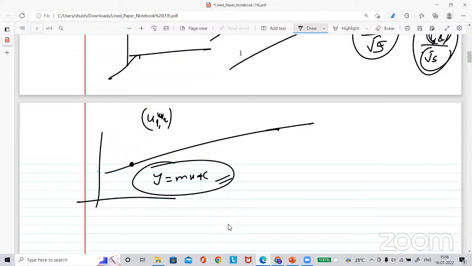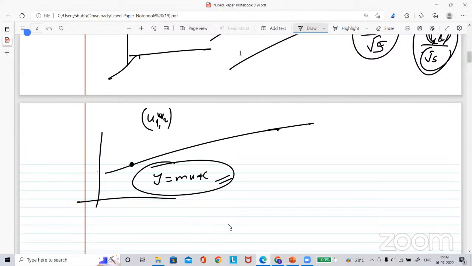Angle of the axis with slope and axis. Okay, I know in the lecture they mentioned that the slope is U2 by U1. So the direction will be the angle between the x-axis and the slope. So how will you get that?